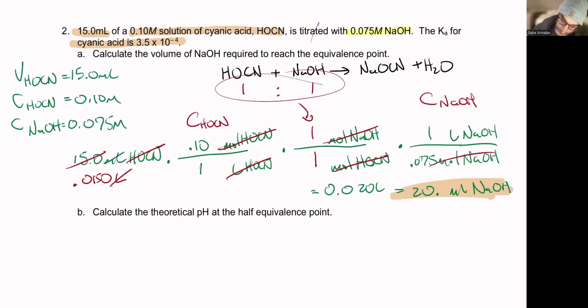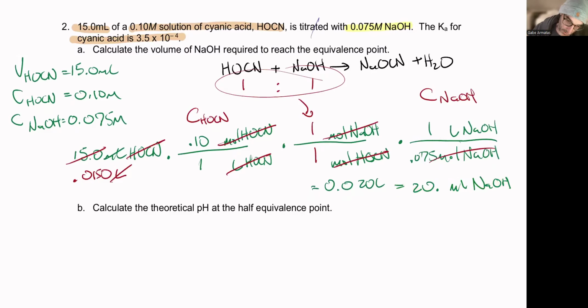All right, so 20 milliliters of NaOH. Calculate the theoretical pH, and this is where, by the way, having an understanding of buffers is going to be important because this is much simpler with buffers. Calculate the theoretical pH at the 1/2 equivalence point.